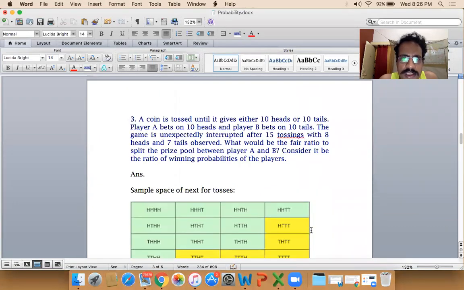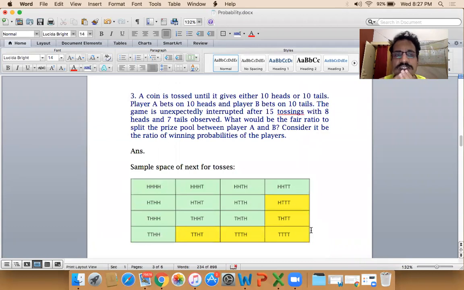The third problem is again a very straightforward one. A coin is tossed until it gives either 10 heads or 10 tails. Player A bets on 10 heads and player B bets on 10 tails. You are tossing a coin continuously until it gives 10 heads or 10 tails, and player A wins if he gets 10 heads first, or if player B gets 10 tails first, he wins.